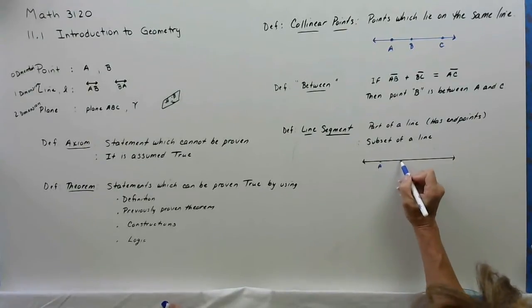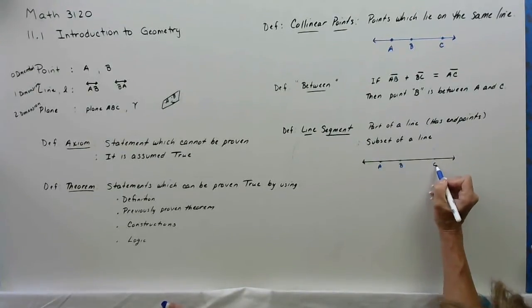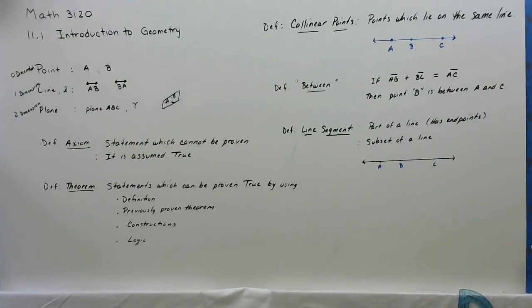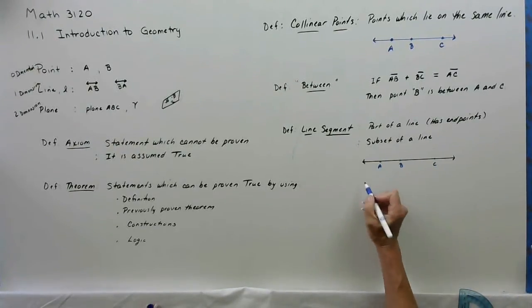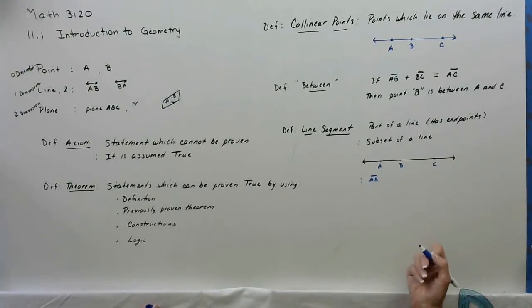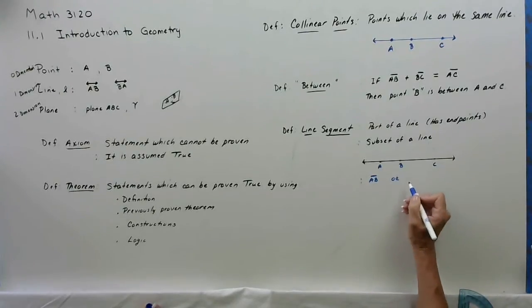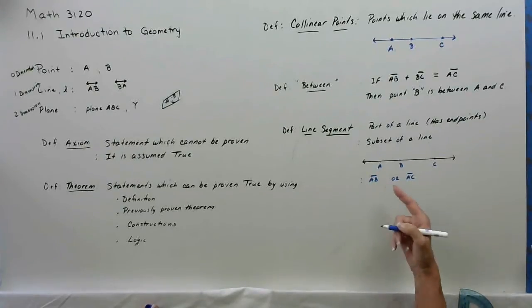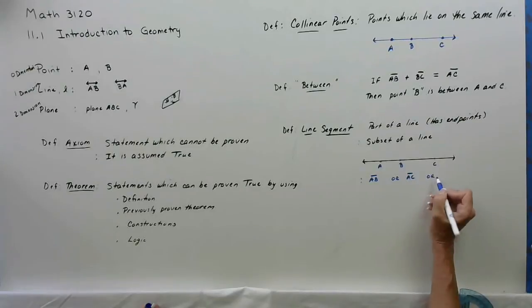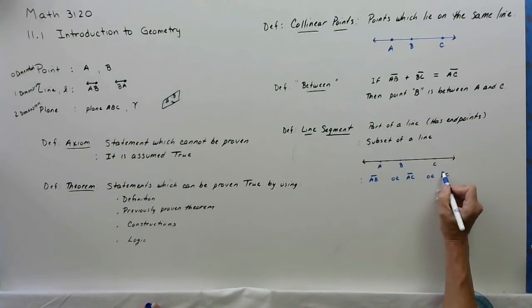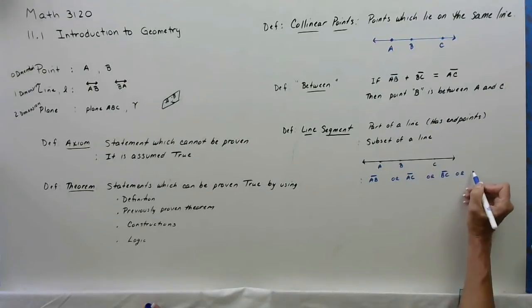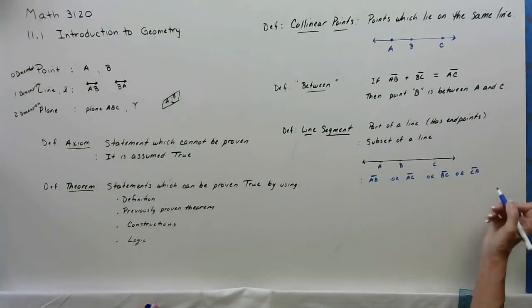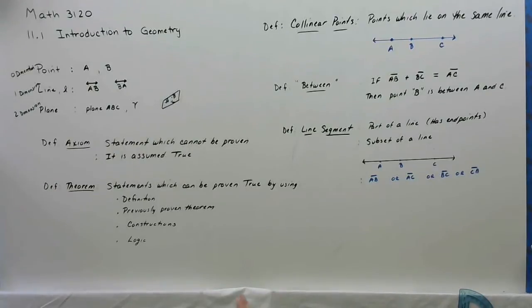I'm going to give you point A, point B, point C. I can say that we have line segment AB, starting at A, ending at B. Or I could have line segment AC, starting at A, ending at C. We just ignore B in the middle. Or we could have line segment BC. Or we could go the other way around. We can say CB. Right? Order doesn't matter. It just tells us where we start and where we finish.